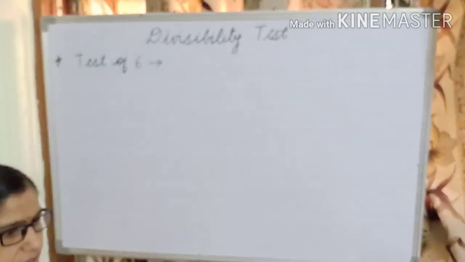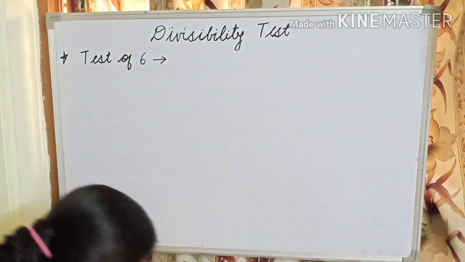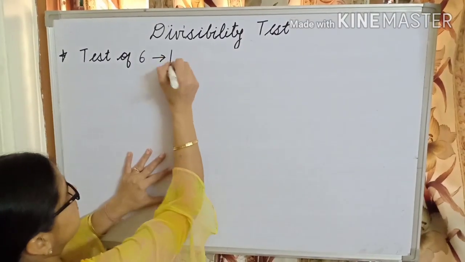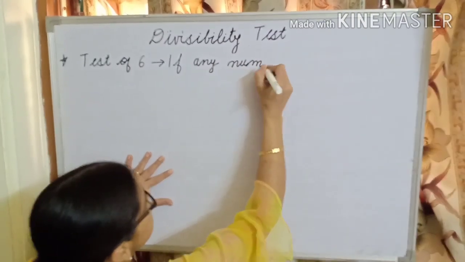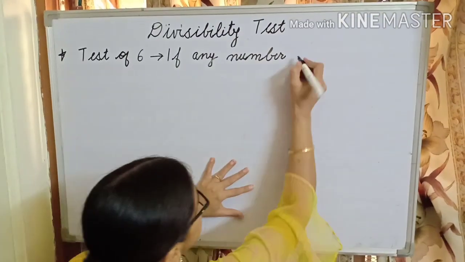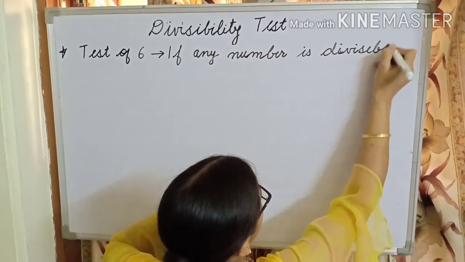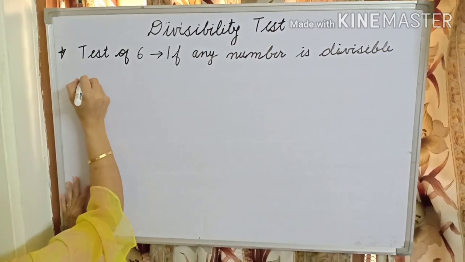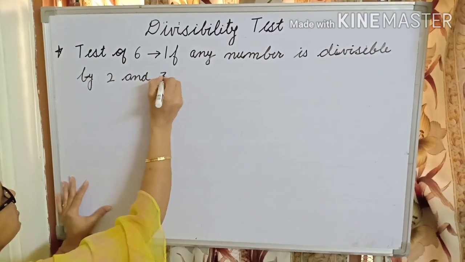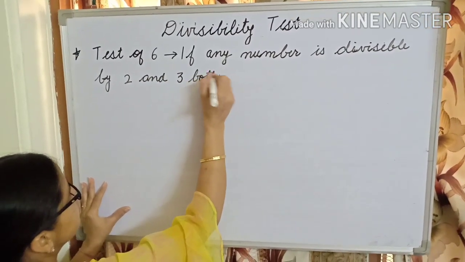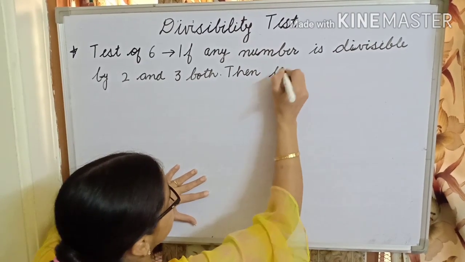If any number is divisible by 2 also and 3 also, then that will be divisible by 6 also.